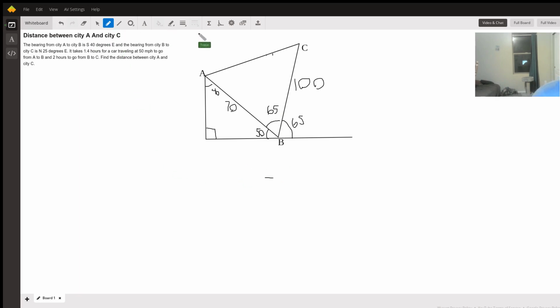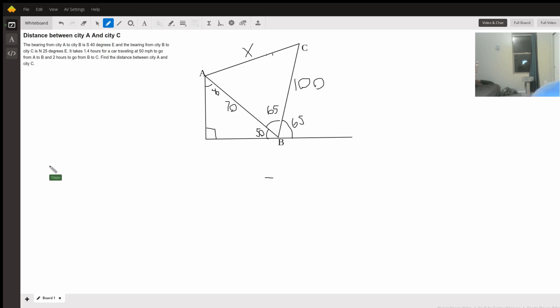So whatever this distance right here is, x, let me write down the original formula, just so you guys get a general idea.